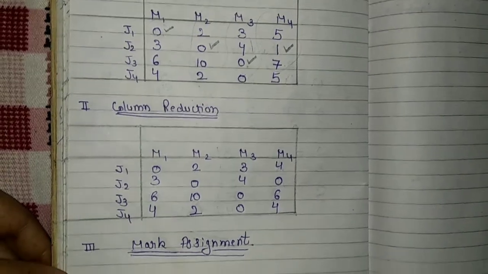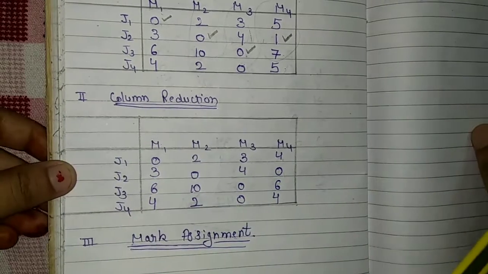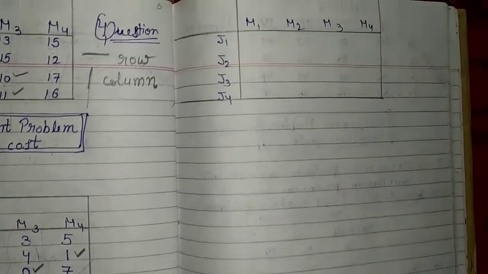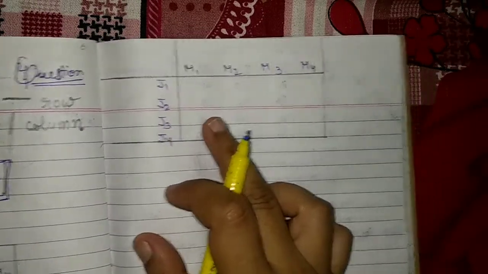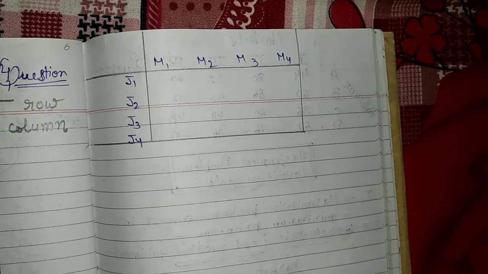Next step is make assignment. So we copy same table in make assignment. Here we copy same table of column reduction.